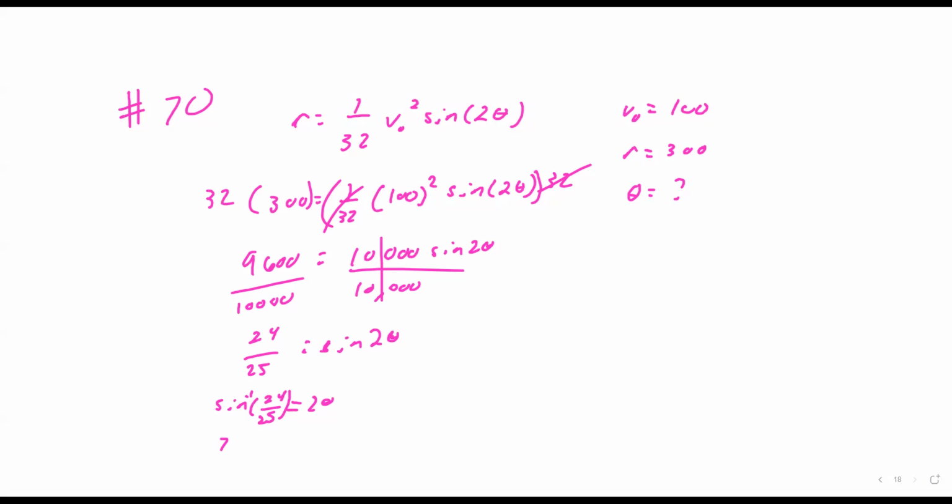It was 73.73. Then I took that answer and divided it by 2, which gave me my final answer of 36.9 degrees. There you go. So again, it looks like a complicated word problem, but it gives you the formula, gives you all the information. You just have to solve for the unknown.